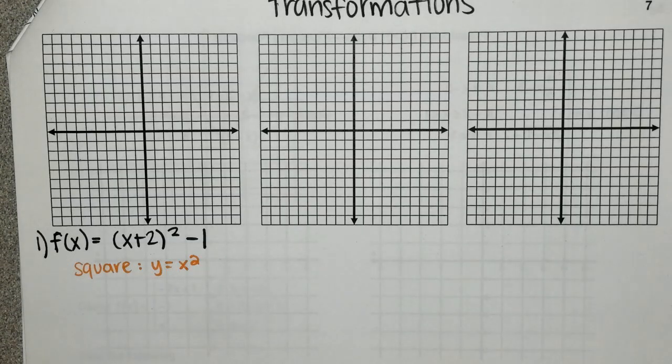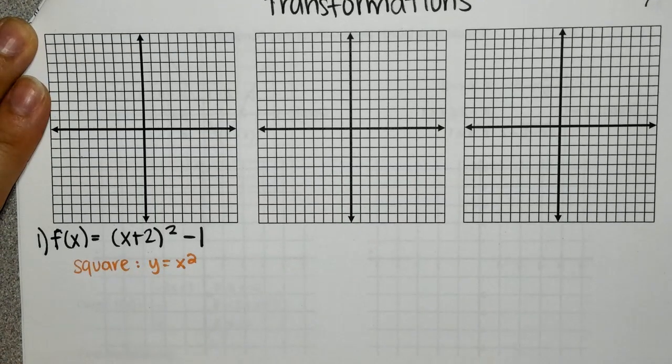I am going to sketch the parent function on my graph every single time just so y'all can see it. I'm not going to connect it, I'm just going to plot the points. So the square function, y equals x squared. What shape is that? A parabola that starts at 0, 0.